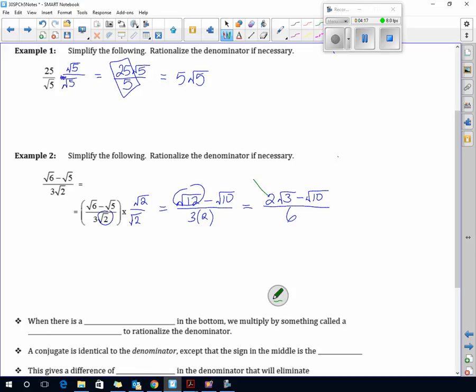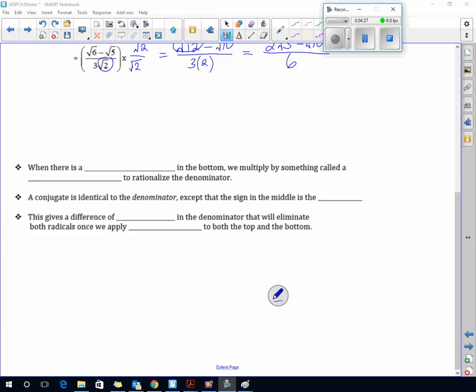Okay. When there is a radical in the bottom, we multiply by something called a... Oh, sorry, I apologize. This is supposed to be binomial.